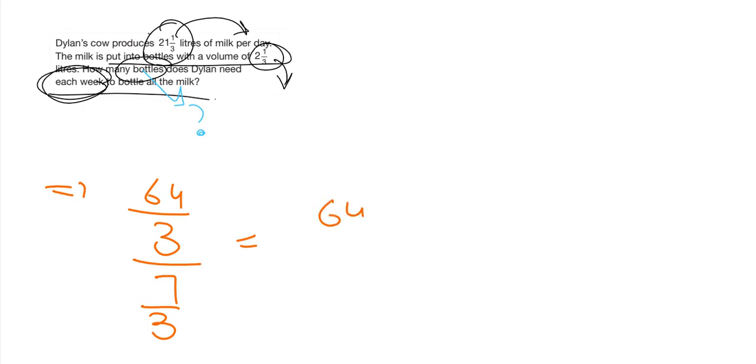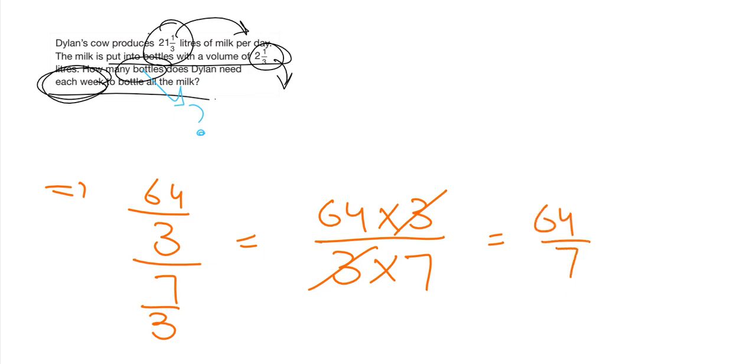Alright. 64 times 3, 3 times 7. You can easily cancel these out. We get 64 over 7. So you can check the number of bottles that Dylan fills each week. So 64 bottles in a week he fills.